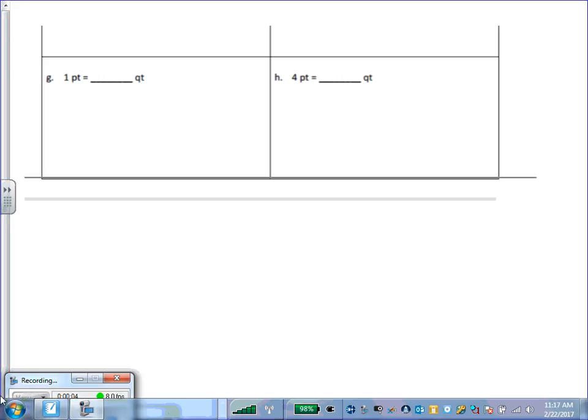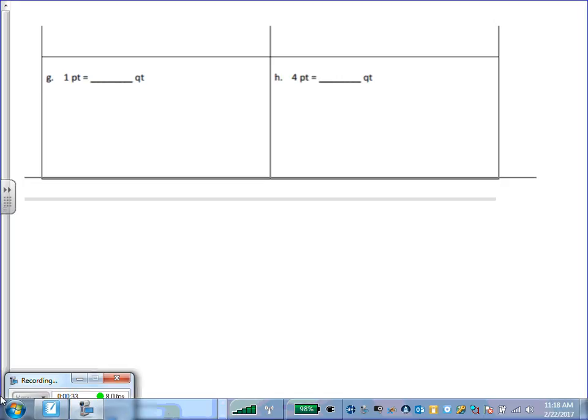So, I wasn't making a big deal about G and H if you got them wrong, because some of you did not have the whole gallon thing. I wrote it on the board at the very end of the lesson. I told my homeroom 3 times this morning to write it down, and some of them still did not do it.